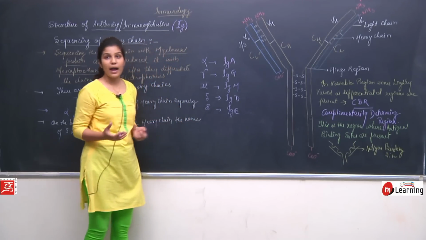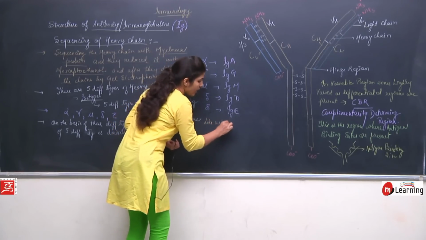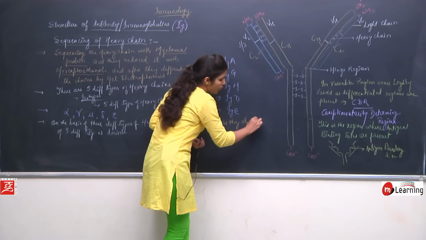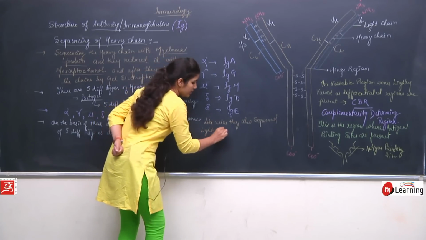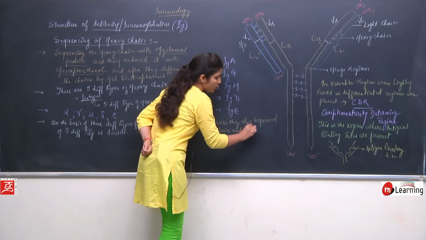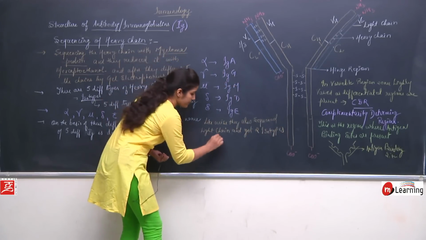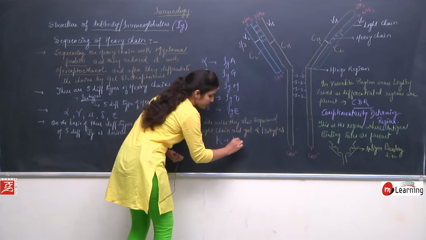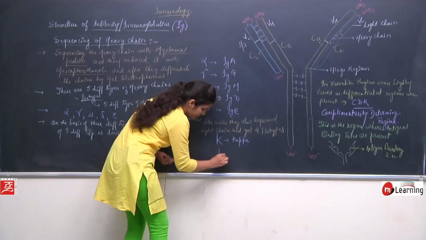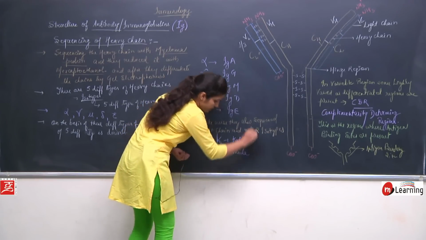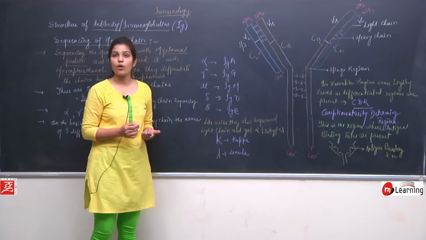They called them kappa and lambda. So we are having 2 different types of light chains and 5 different types of heavy chains.